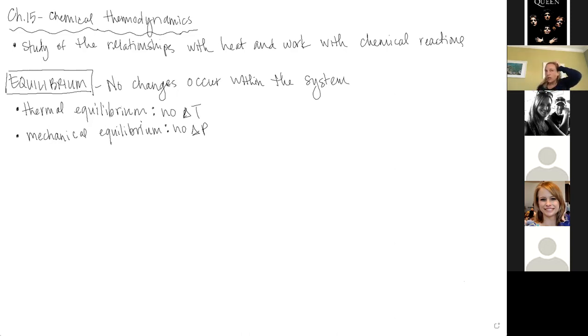So the pressure is pretty constant. This can also be relevant to some gas systems, but essentially mechanical equilibrium is when we have no change in pressure in the system. We also have phase equilibrium.